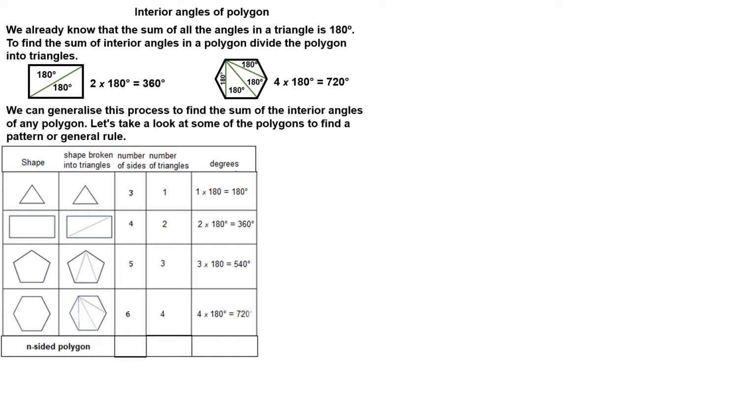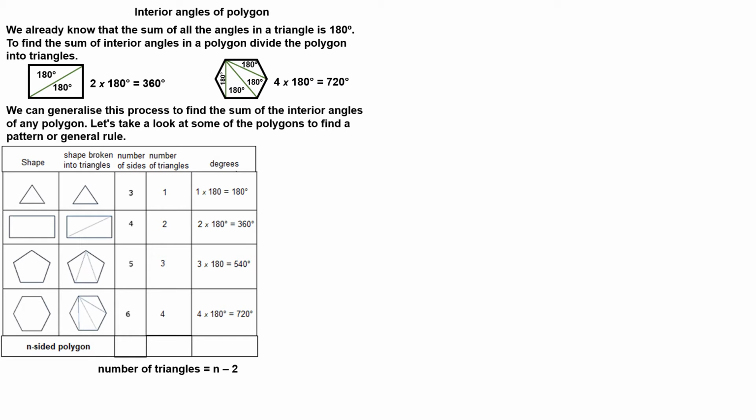You should notice, for every polygon with n number of sides, the number of triangles is the number of sides minus 2. In other words, the number of triangles is 2 less than the number of sides in each example. You can check it out.